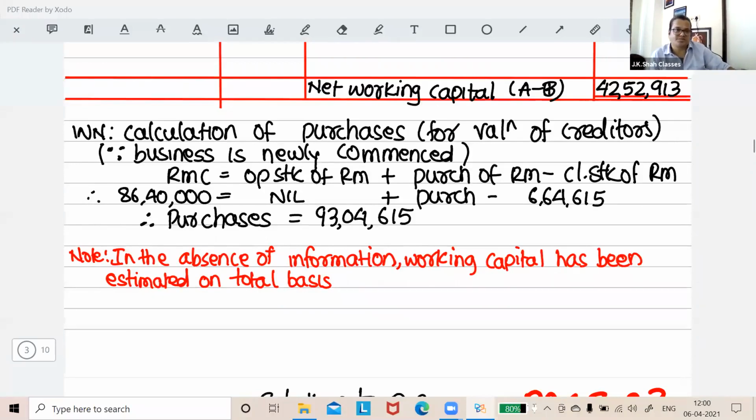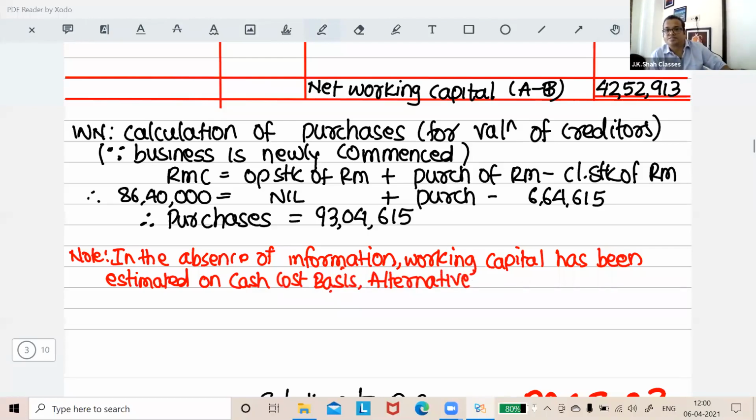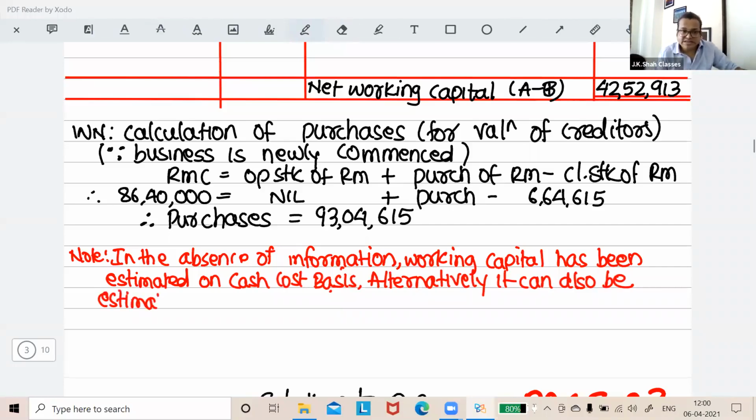Cash cost basis. Alternatively, it can also be estimated on total cost basis.